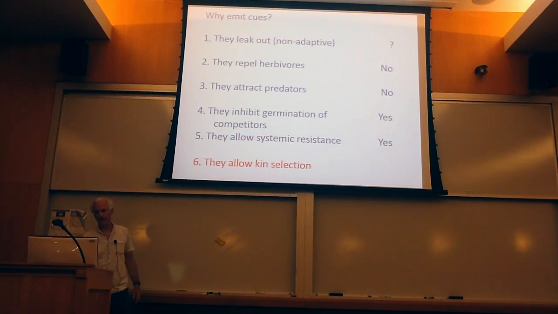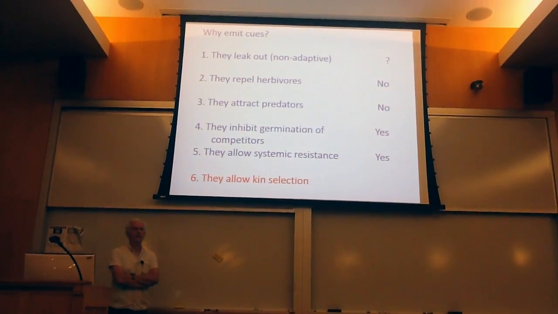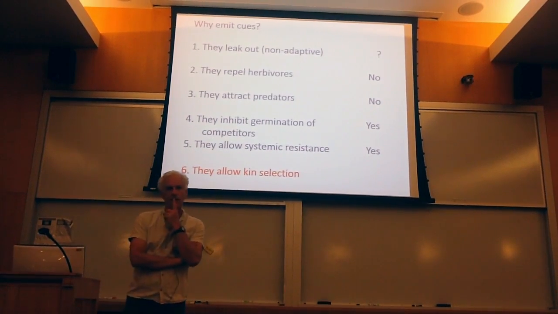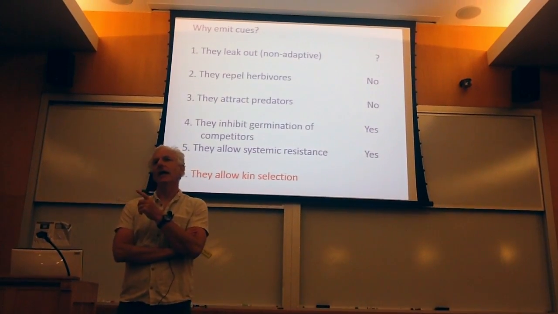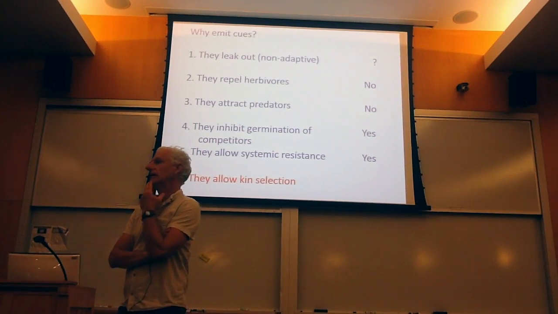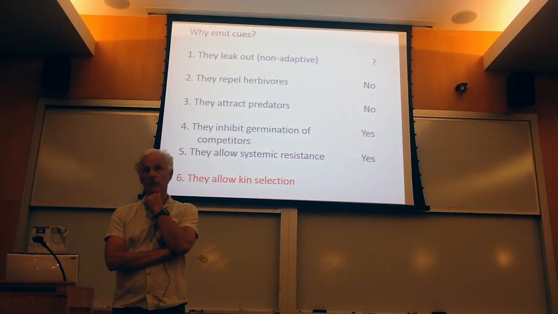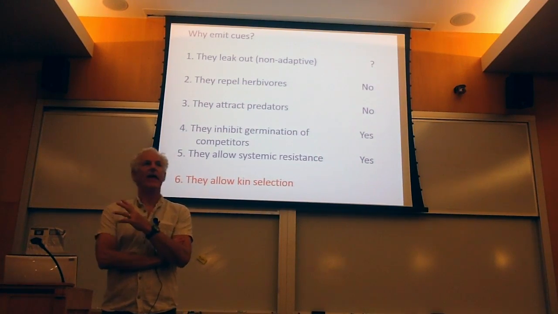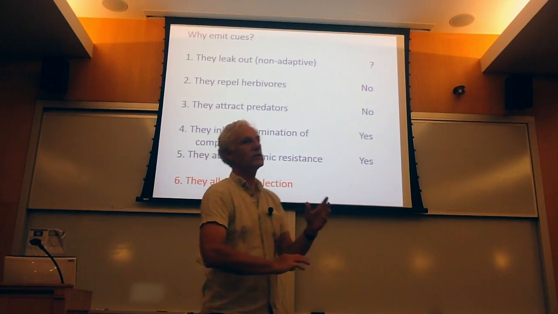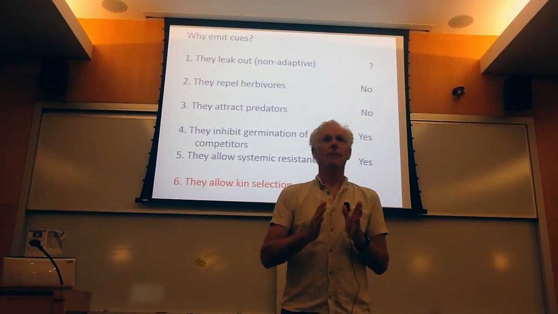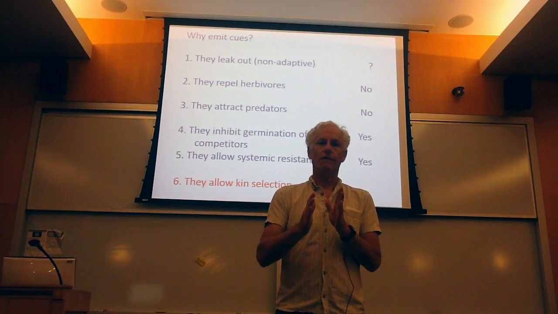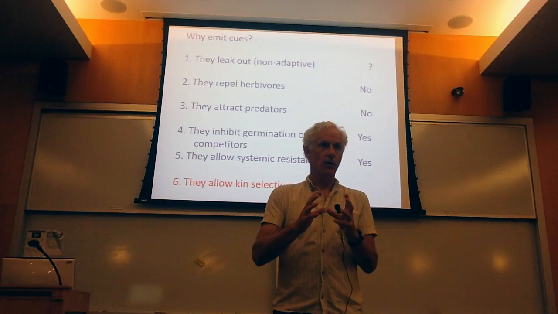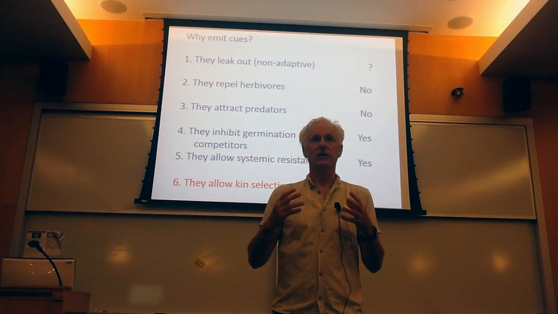And the last possibility is that this communication may allow kin selection. So let me explain this in a little bit more detail and then spend a few minutes telling you about the experiments that we've been doing more recently to look at this. So we found that communication was effective and was required for a single individual to coordinate its own defenses.